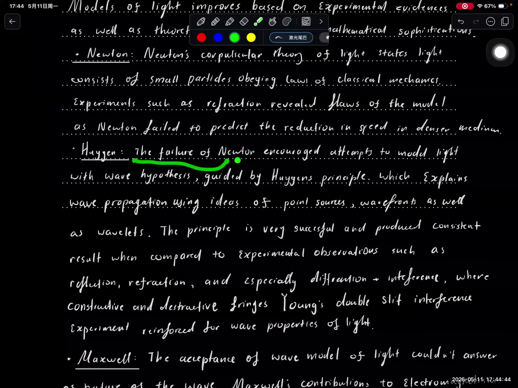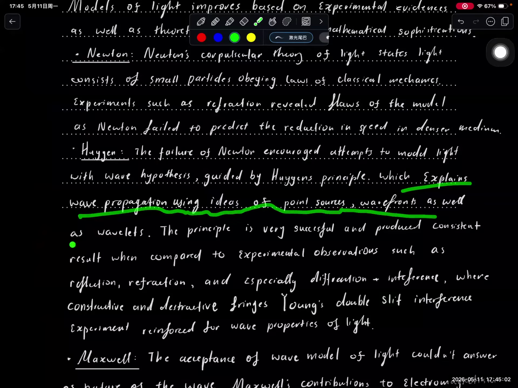So the failure of Newton encouraged attempts to model the light with the wave hypothesis, which is guided by Huygens principle. This explains wave propagation, and so this is me defining what Huygens principle is about. Explains wave propagation using ideas of point sources, wave fronts, as well as wavelets.